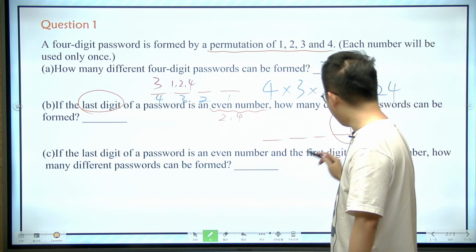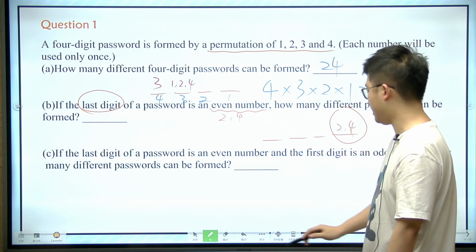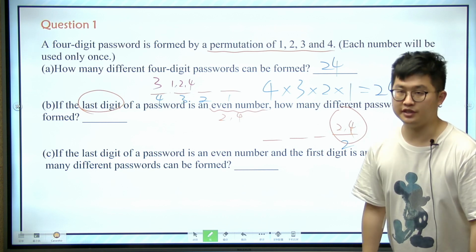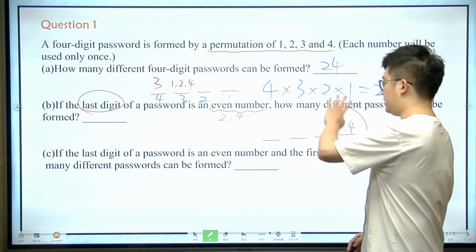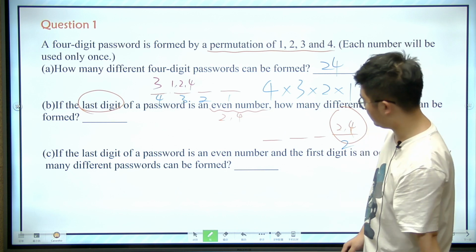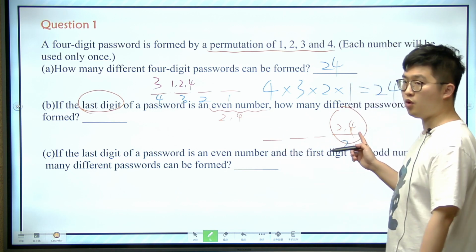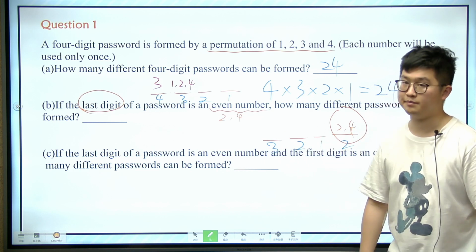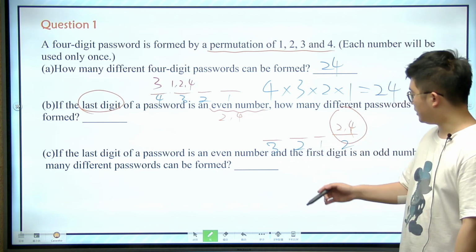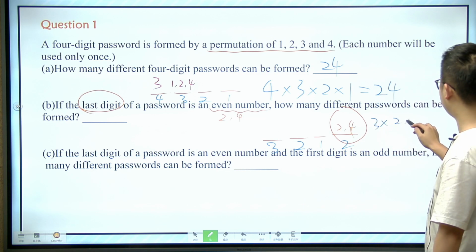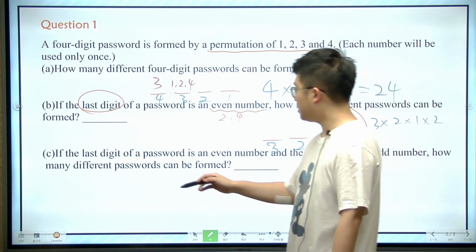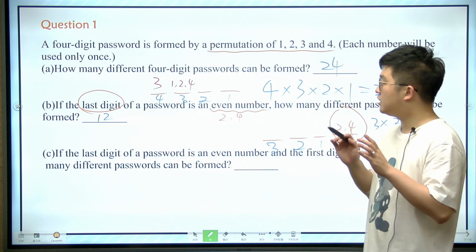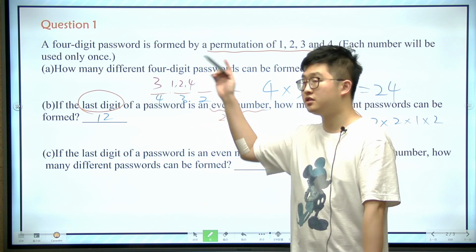So we have only 4 or 2 here, which means only 2 choices. Then we deal with the rest: 3 choices here, 2 choices here, 1 choice here. In total, this is 3 times 2 times 1 times 2, which is 12. So only 12 different passwords satisfy the second question.